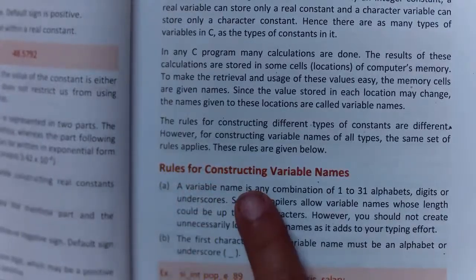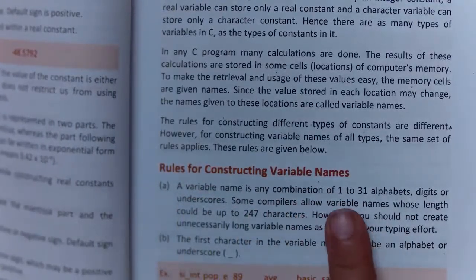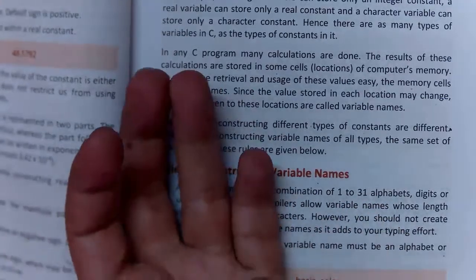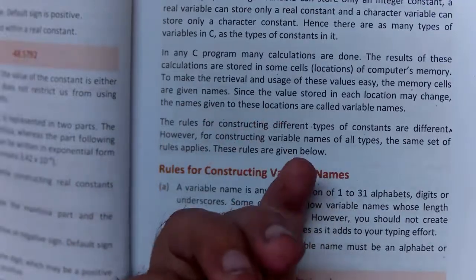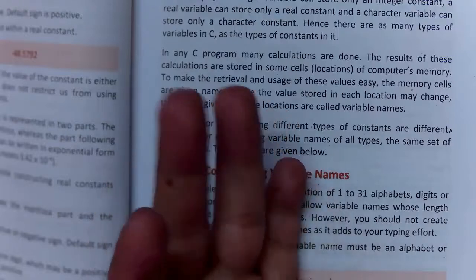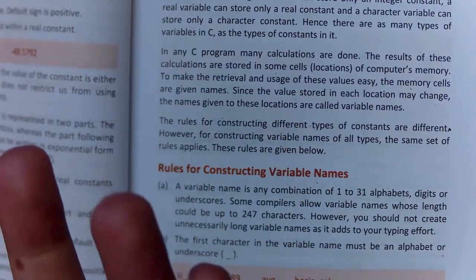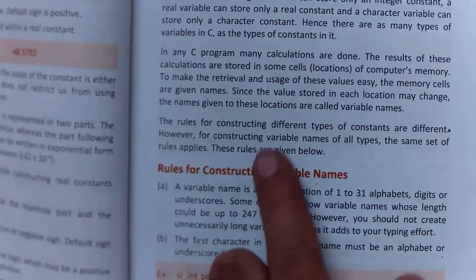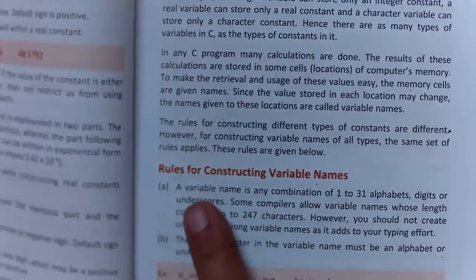Rules for constructing variable names. A variable name is a combination of 1 to 31 alphabets, digits or underscores.